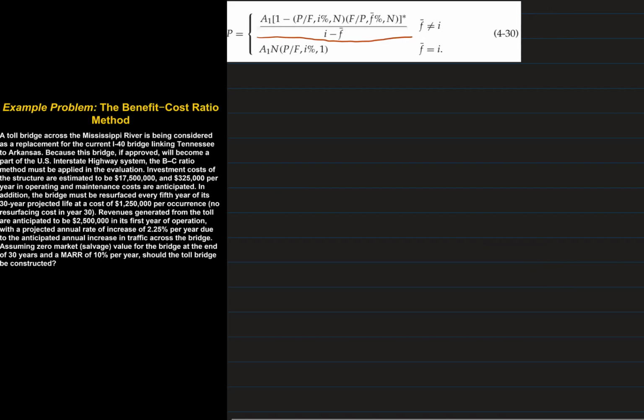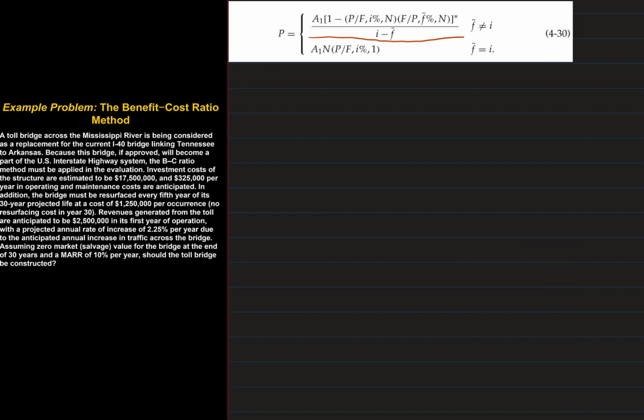Now to calculate the present worth of benefit, we just plug the numbers into the upper equation. A1 is 2.5 million, I equals 10%, and F bar, the increase rate, is 2.25%. And N is the 30-year project life.